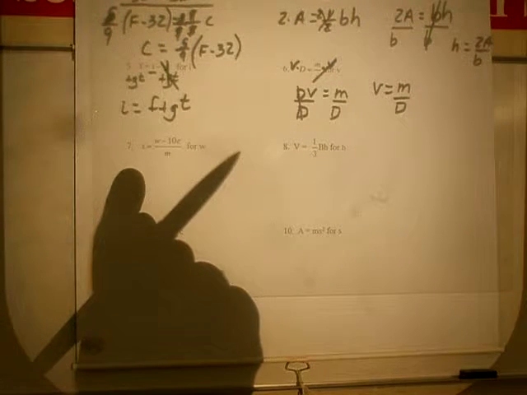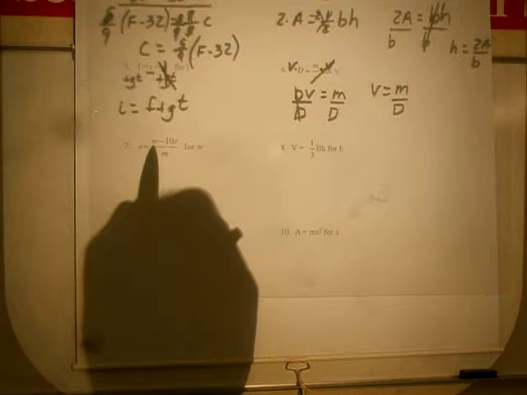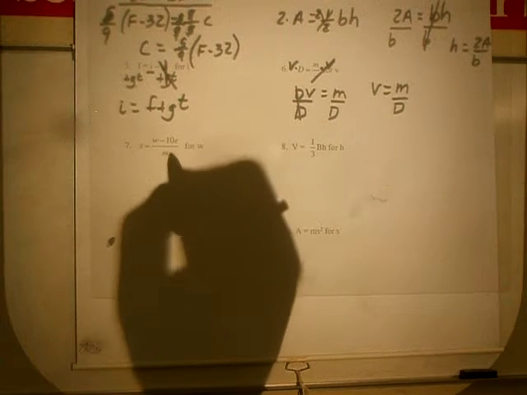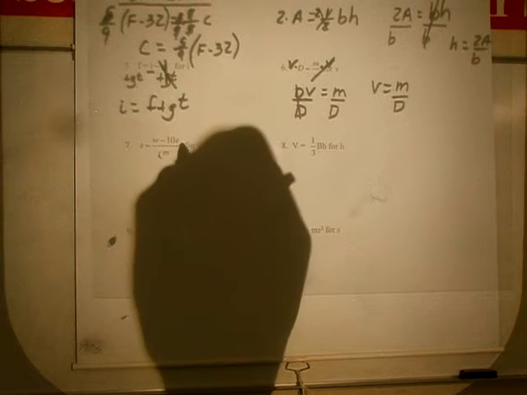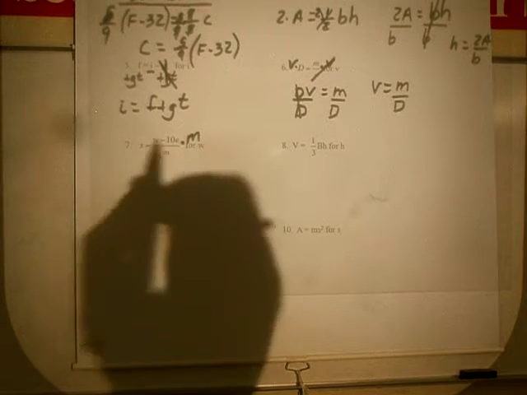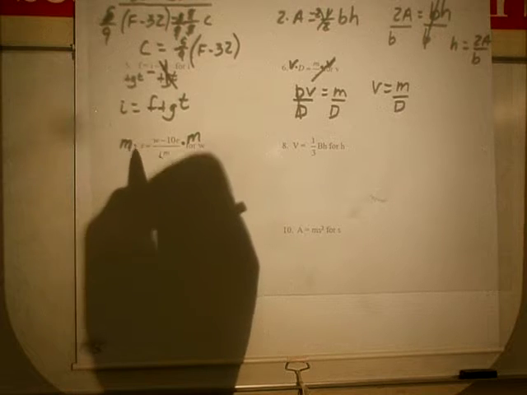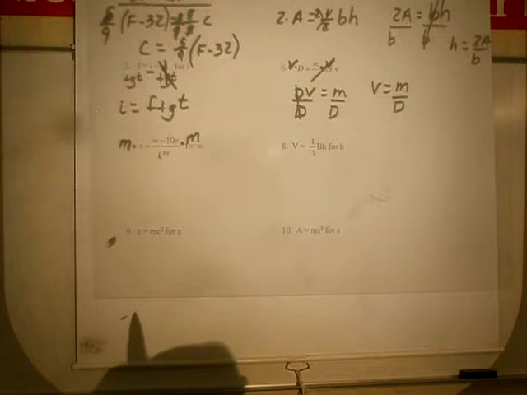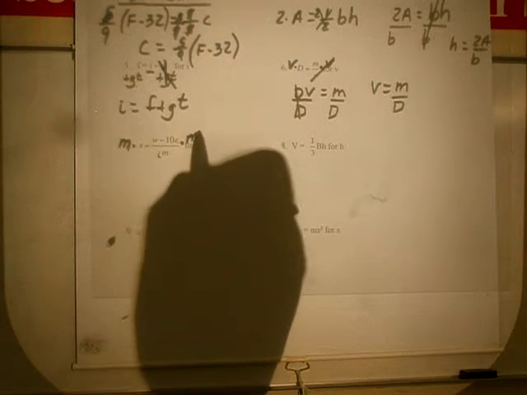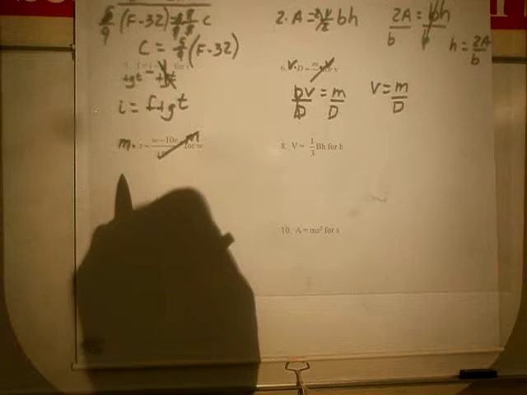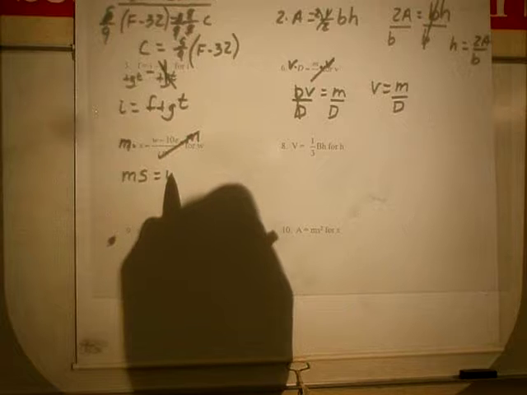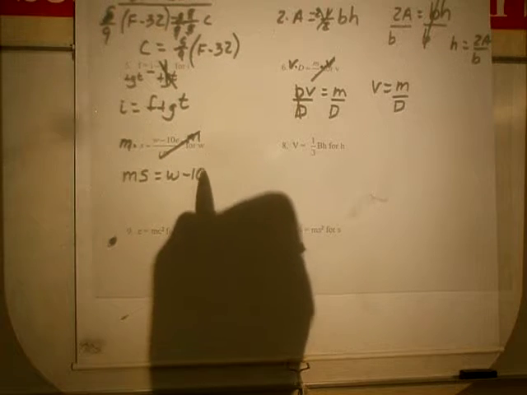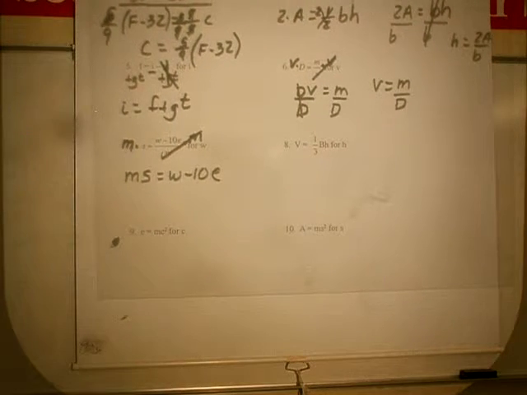Number 7, we're trying to solve for the w. We have to get rid of this m first. We are going to multiply both sides by m. These are going to cancel, and we have ms equals w minus 10e.